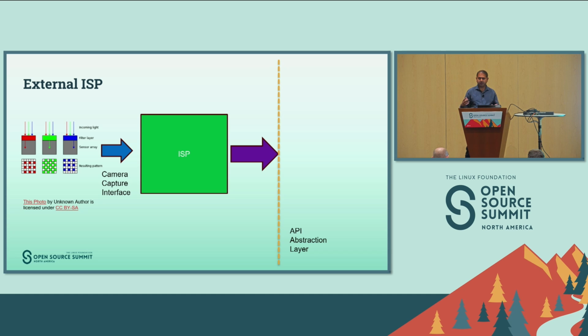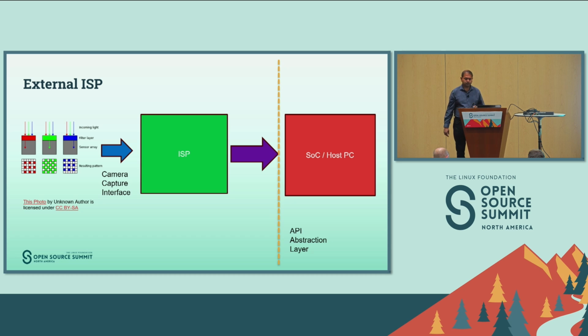It would be integrated with the camera module, and that would get connected to a SoC or a host PC. Earlier days, it used to be a parallel interface. A little bit later, maybe CSI-based cameras started appearing. But a lot of the ISP used to be outside, so all the functionality was built outside of the chip, so the SoC and host PC could use this.